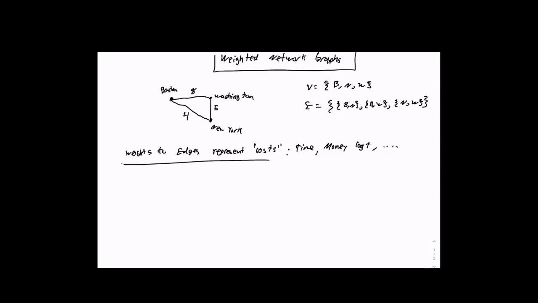If you want to go from New York to Washington to Boston, we call that a path. We're going to talk about paths tomorrow. We can take various paths, so we can go from New York to Washington to Boston, which is a very long path, or New York to Boston directly, and it would seem better to go that way. But that's not always the case, as you think about airlines.